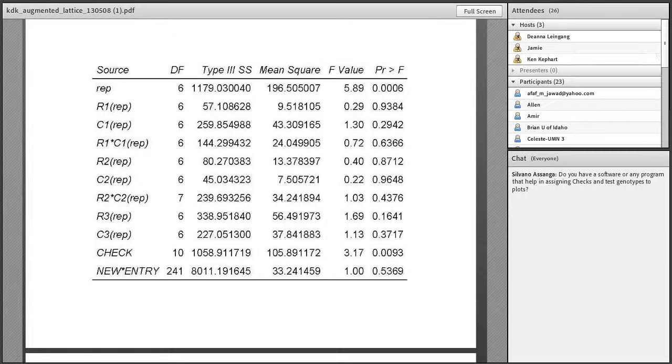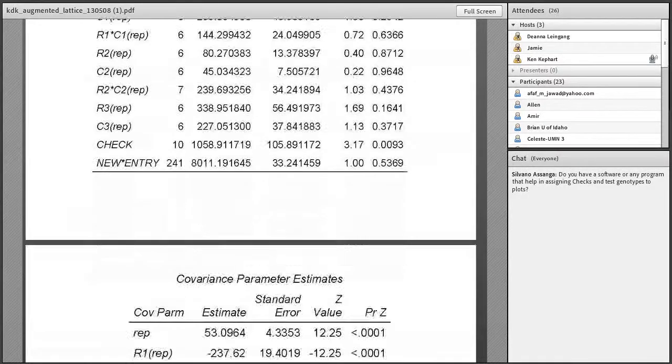But basically, we're using orthogonal polynomials as covariates to look for, in this case, linear effects of rows as incomplete blocks within reps, linear effects of column, the interaction of those two, the quadratic effects of rows within reps, the quadratic effect of columns, the interaction of those quadratic row and column effects, and then the cubic effects of rows and the cubic effects of columns.